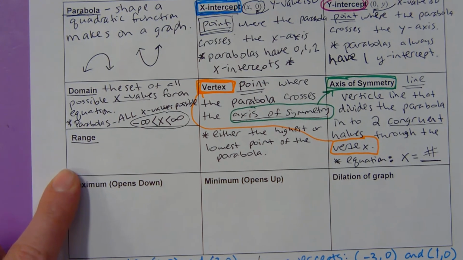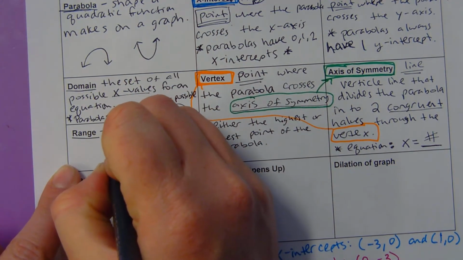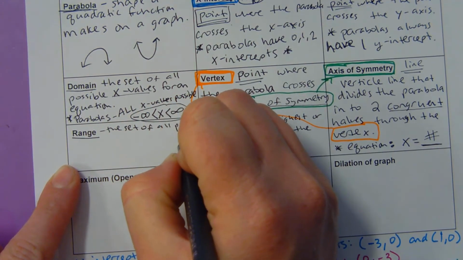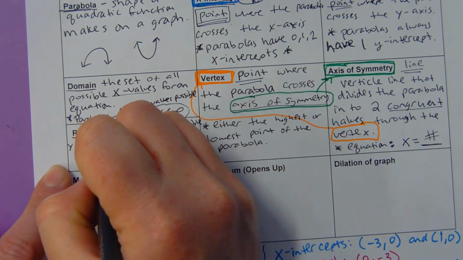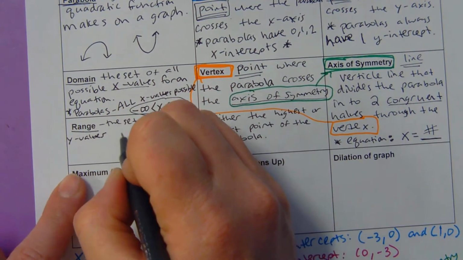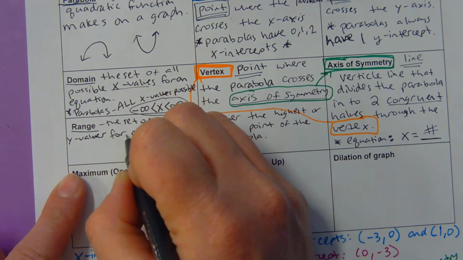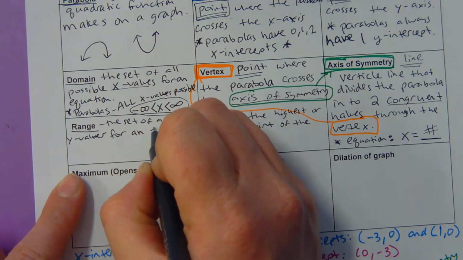And the range is the same idea, but those are the y values. So the range is the set of all possible y values for a function or for an equation. So I put before for an equation, we'll do that same thing here.